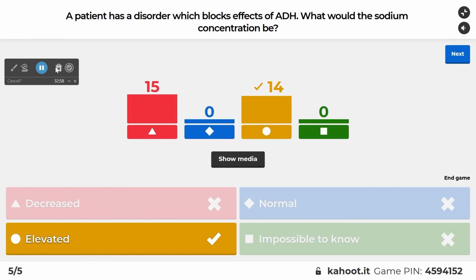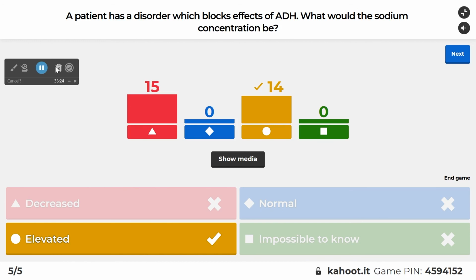All right, so if ADH is not working, the way you notice this in the patient, okay, is if ADH is absent, they make oodles and oodles of really dilute urine. In other words, their water loss is very high. So if your water loss is very high, your sodium is going to end up elevating because you're taking the water away from the denominator.